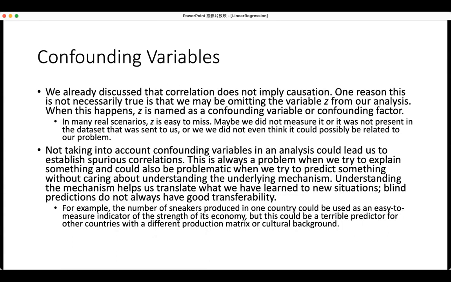But this could be a terrible predictor for other countries with different production metrics or cultural background. Different countries may have different production metrics or cultural background that may affect the number of sneakers manufactured in their country.